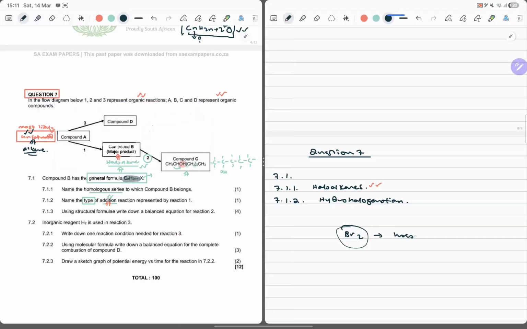Br2 is a halogen, but Br minus is a halide. And remember, we added a hydrogen halide. So we should be saying this is a hydrohalidation or hydrogen halidation, not halogenation, whatever. And you see there's lots of misnomers here, talking nonsense, making it a standard. Go away. Anyway, that's what it is, guys.